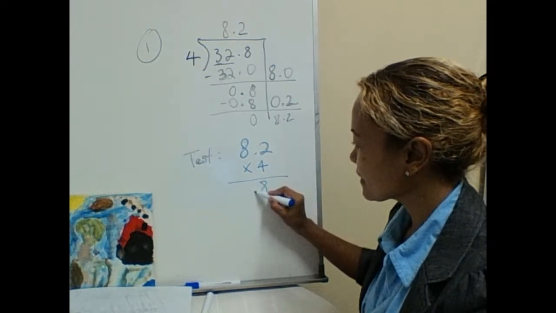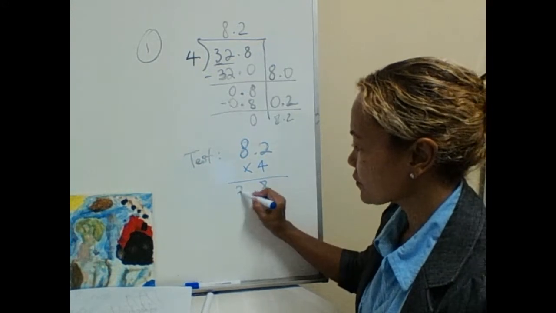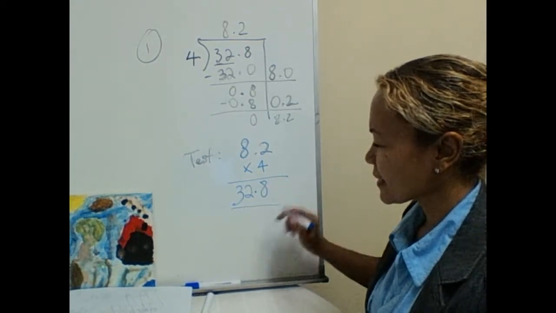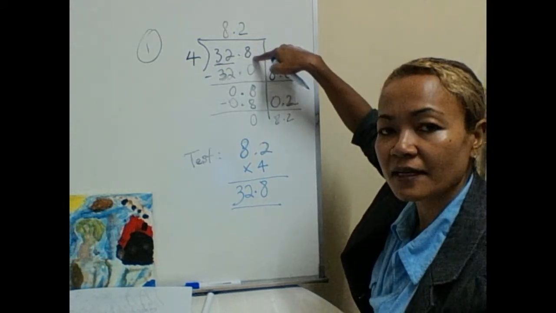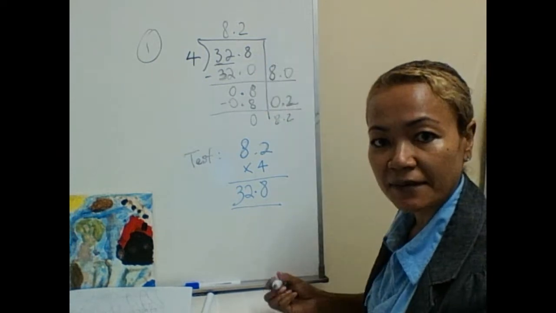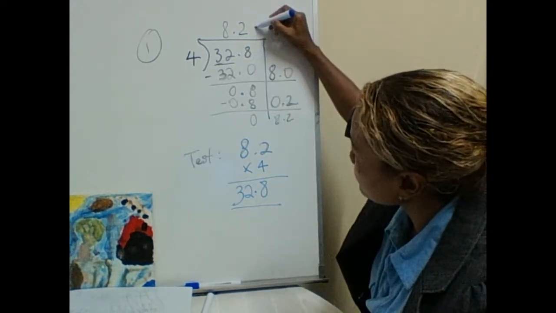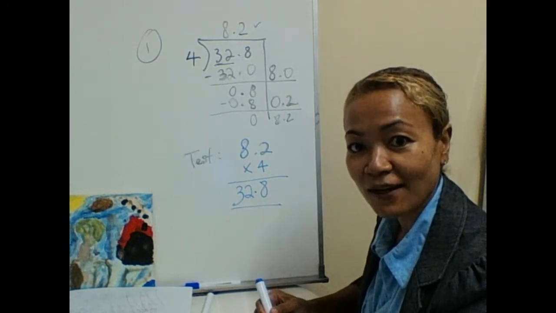Put the point there. 8 fours are 32. 32.8. Is that the same answer we had here, the number we were trying to divide to begin with? Yes, exactly the same answer. So you know you've checked it. That is most likely correct. Okay, on to the next one.